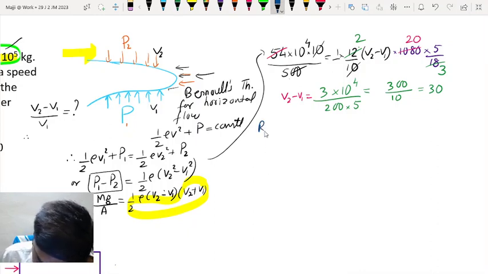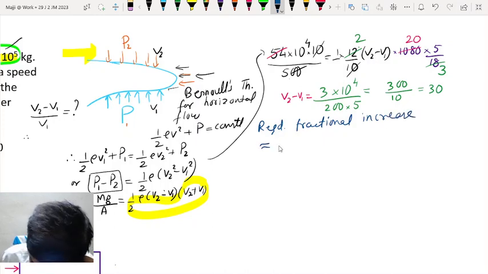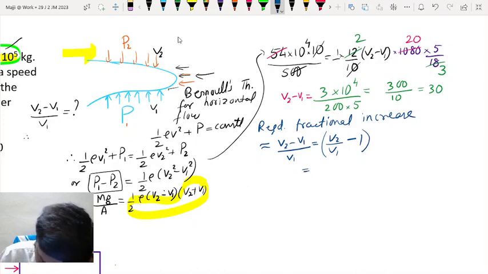So the required fractional increase is approximately V2 minus V1 by V1, which is V2 by V1 minus 1. So V2 minus V1 is 30.